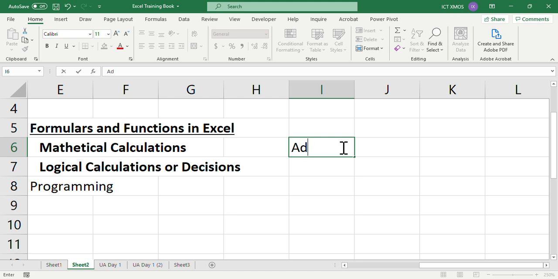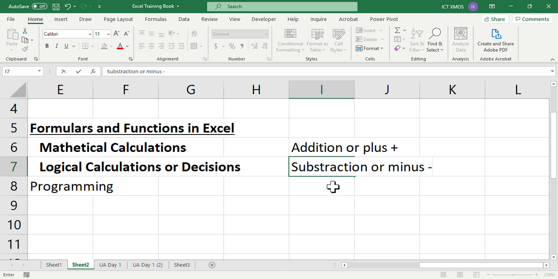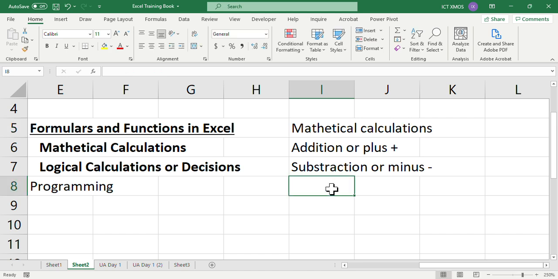We have subtraction or minus. Then multiplication or what you call times.